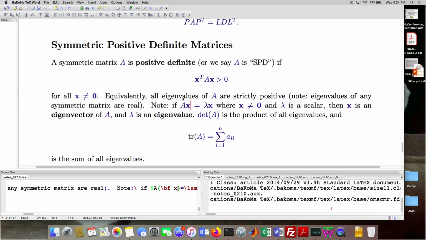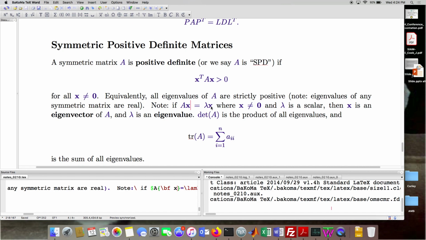You're taking a dot product of each row of A with x, so there's a summation involved for each entry. Lambda times x is scalar multiplication of a vector, a very simple operation. All you're doing is taking all the entries of x and multiplying each one by lambda. So eigenvectors are those special vectors where the matrix vector product condenses to this simple operation of scaling.